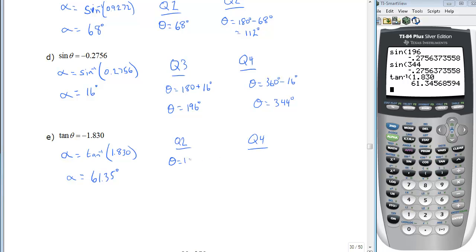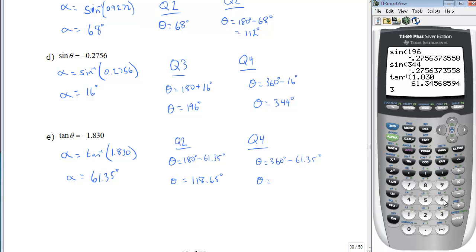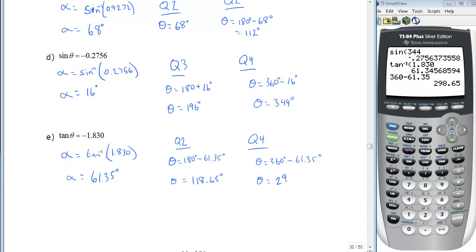So in quadrant 2 we get 180 degrees minus the reference angle, and in quadrant 4 we get 360 degrees minus the reference angle. And so in quadrant 2 that's going to be 118.65 degrees. And in quadrant 4, we'll just double check it on the calculator here, 360 minus 61.35. It's going to give us 298.65.